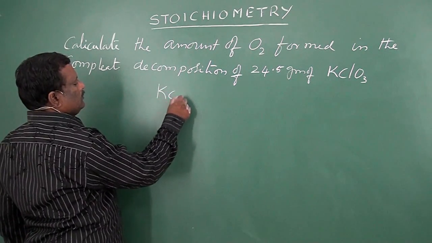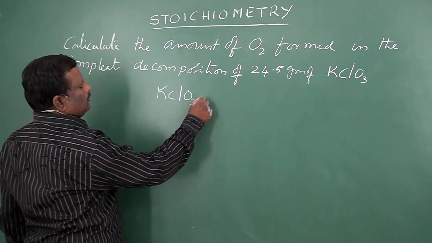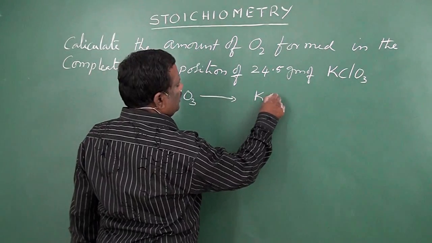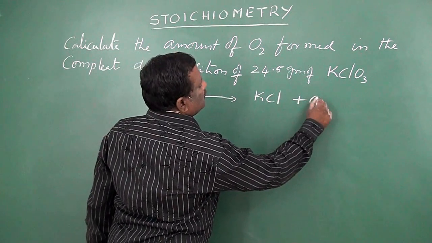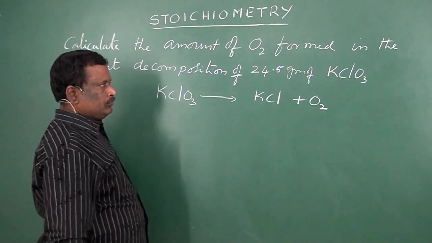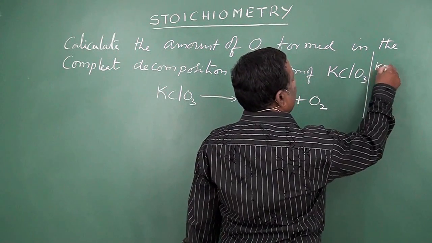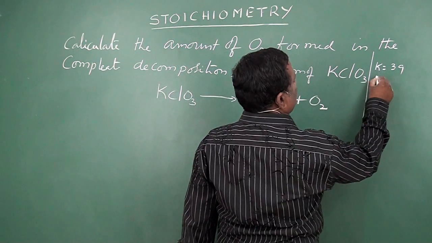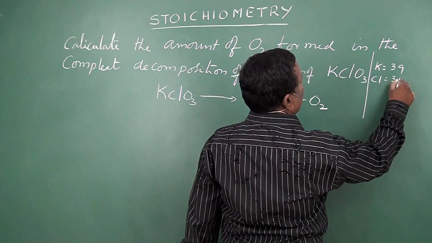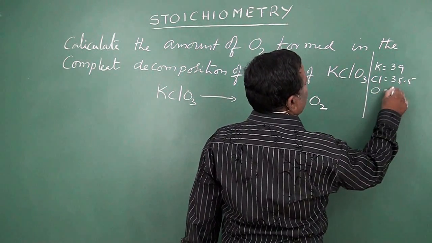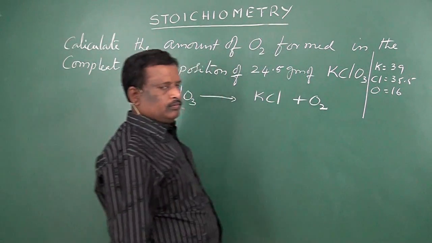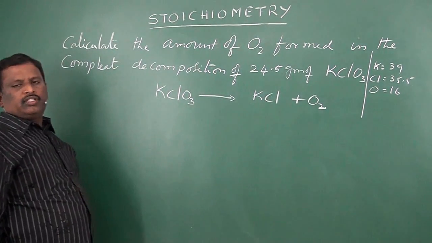KClO3 gives KCl plus O2. Here atomic weights: K is equal to 39, Cl is equal to 35.5, oxygen 16. So this is the problem.